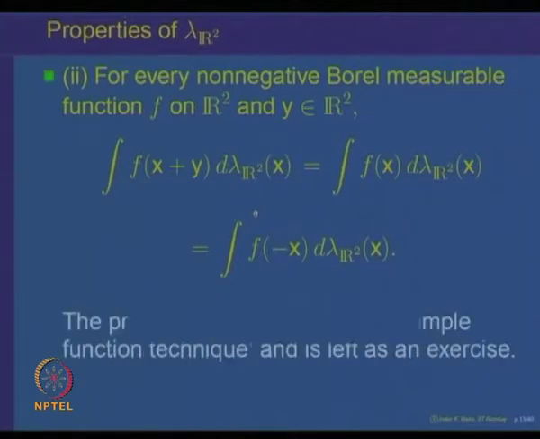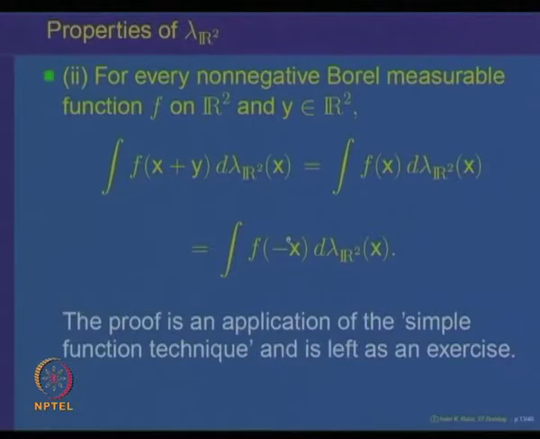So, a proof of this is basically an application of the simple function technique. Let me just illustrate one or two steps of this proof. Let us look at the first one.